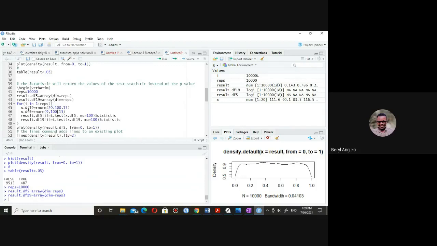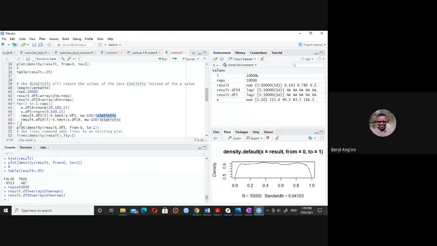So we want the ith result for when the degrees of freedom is 5, where we get the t-test for these values, and we're testing that mu equals 100. So we are extracting the statistic. We're not extracting the p-values here, but you can as well extract the p-values if you wish.